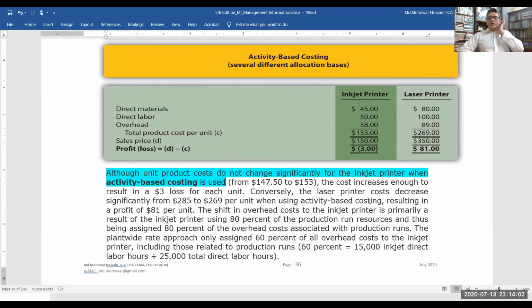The laser printer cost decreased significantly from 285 to 269 per unit when using activity-based costing, resulting in a profit of 81 per unit.